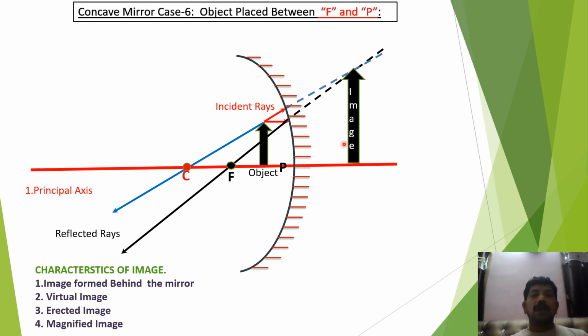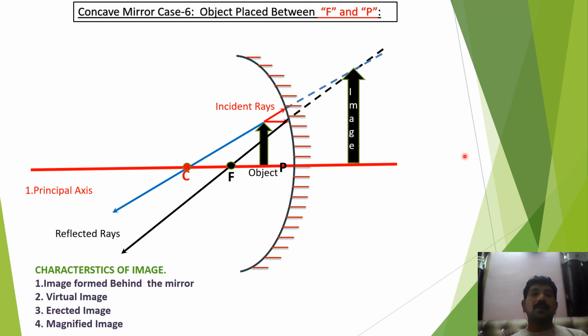Are you clear? I think there is no need to memorize these ray diagrams, how to draw the ray diagrams. The same laws are applicable in the case of lenses also, which you will learn in the next chapter, that is the fourth chapter.